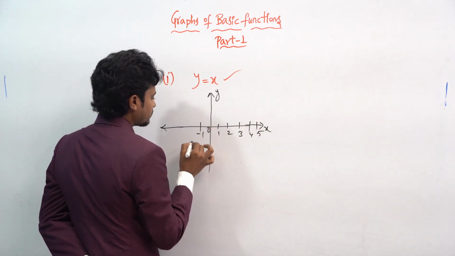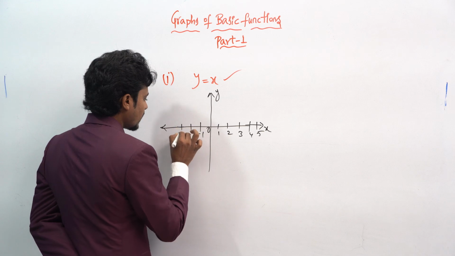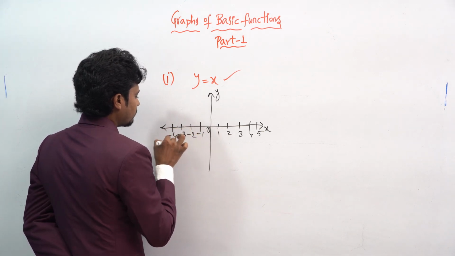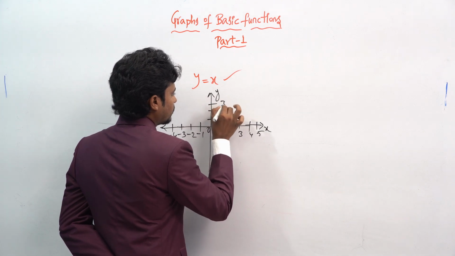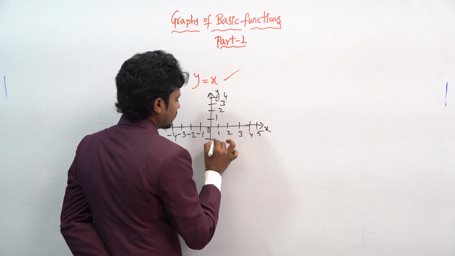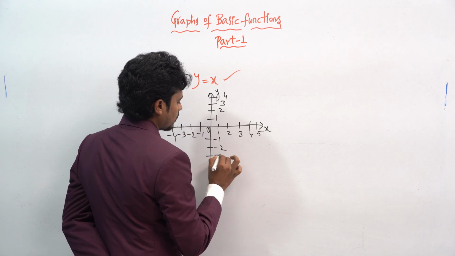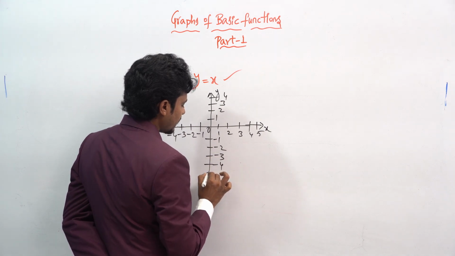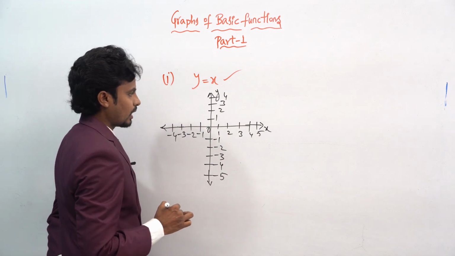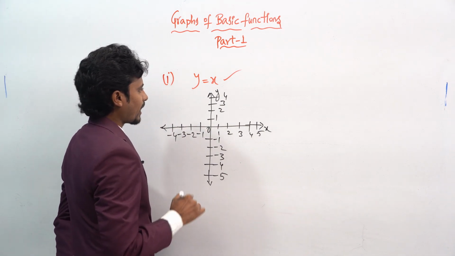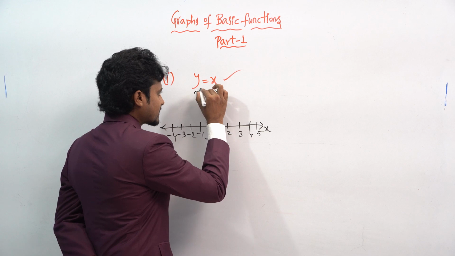Here negative, right? -1 -2 -3 -4 and -5, like that. Here 1 2 3 4, -1 -2 -3 -4 and -5. Okay, how do we draw the graph for y is equal to x?